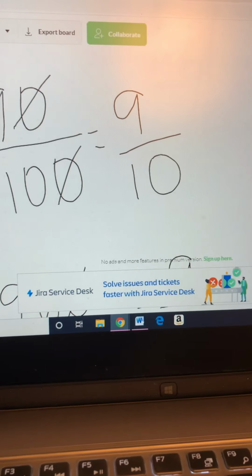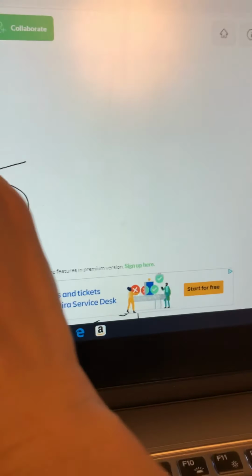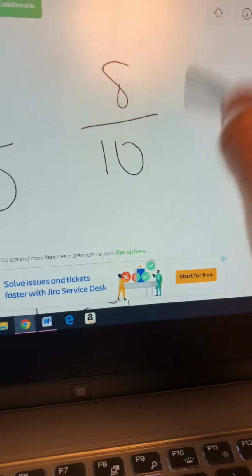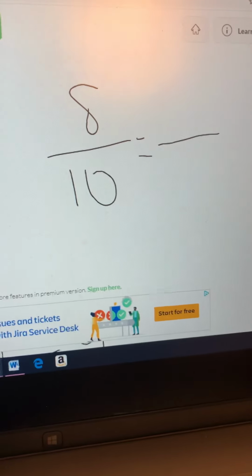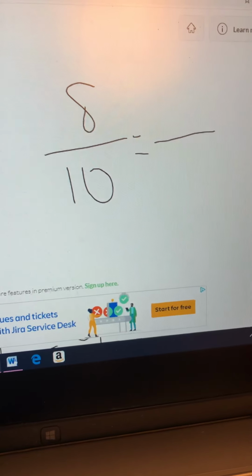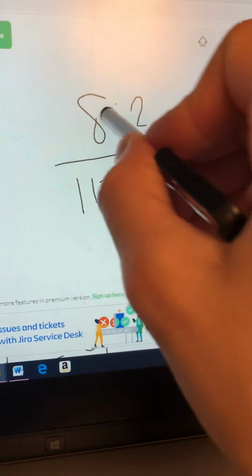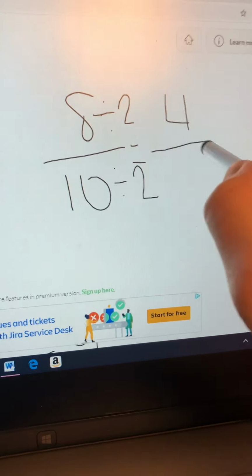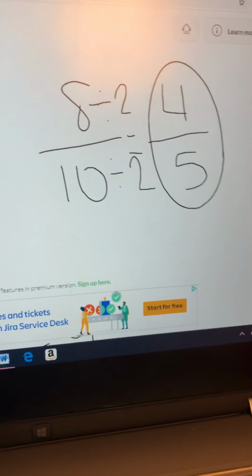Now, let's just say that you had 8/10. How would I simplify those two? Well, you'd get the greatest common factor between 8 and 10, and that would be 2. So you divide both by 2, and you get 4/5. That's a simplified version of 8/10.